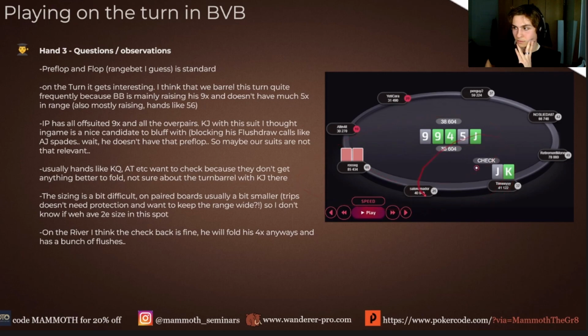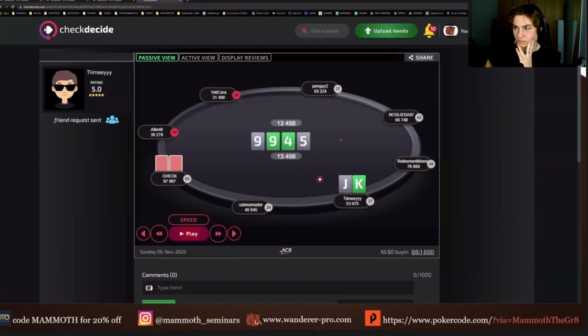Which means you can just barrel into oblivion oftentimes, right? Against the capped range. But if you use a hand like this from this position, the button, when you have a very wide selection of possible bluff hands, then this hand doesn't have good enough properties for bluffing because of two things.